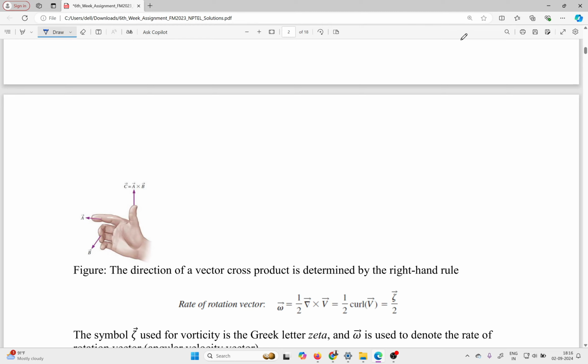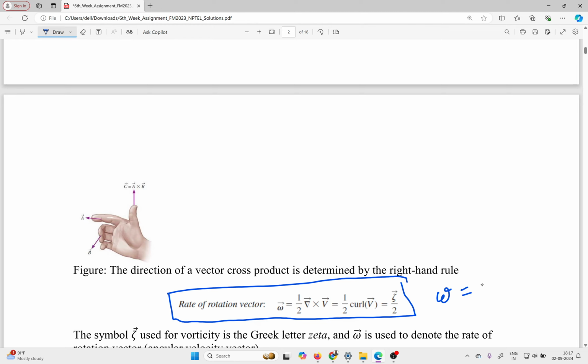You already know from your basic fluid mechanics lecture that the rate of rotation vector, half the angular velocity, is nothing but half the curl vector.